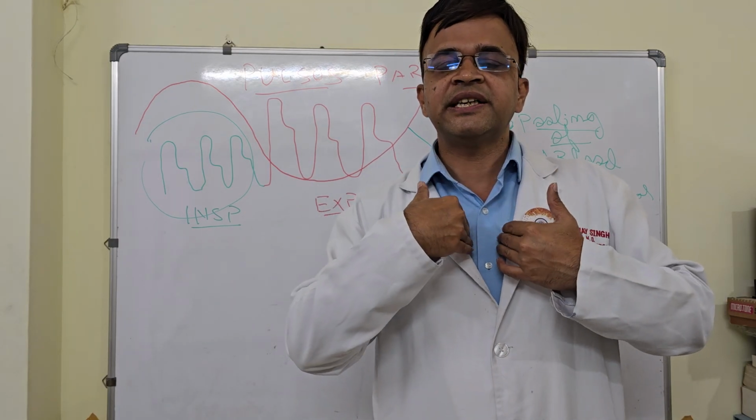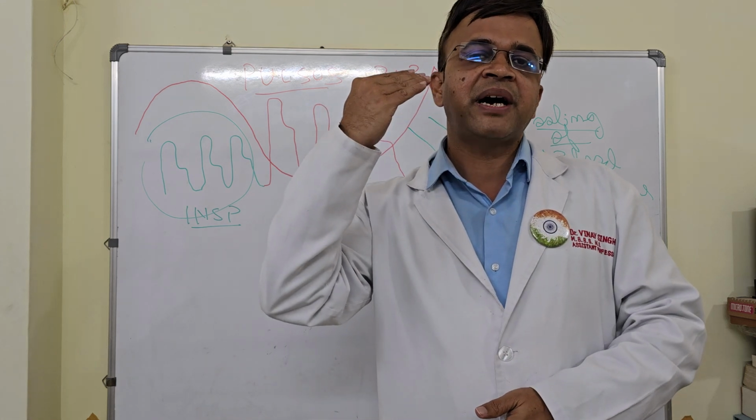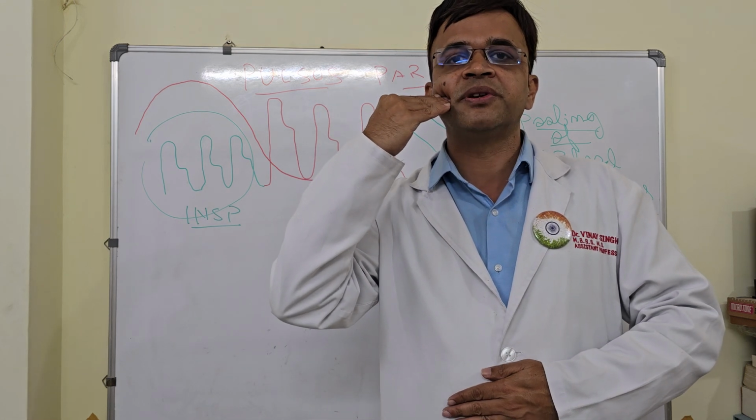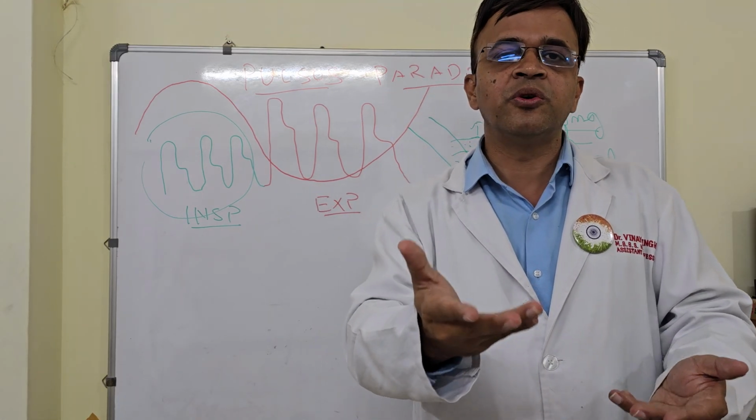Now the pressure inside my thoracic cavity has reduced, but the pressure inside my head and neck and abdomen is normal, right? Now everything flows from high pressure to low pressure.